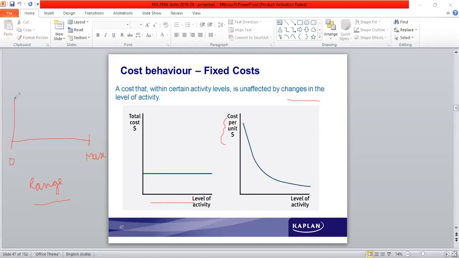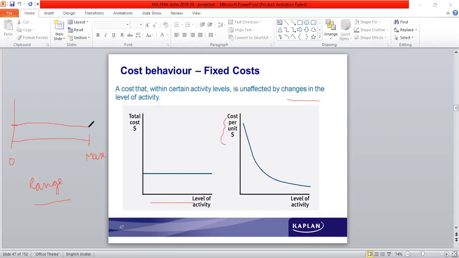Within this range, see the cost of this fixed cost when it is incurred. Let's say if it is incurred here, it would remain same until it reaches the maximum capacity. Till the maximum capacity, or within the relevant range, any activity level, even if it is at zero number of units, we see that the total fixed cost remains same. There would be no change in total fixed cost.